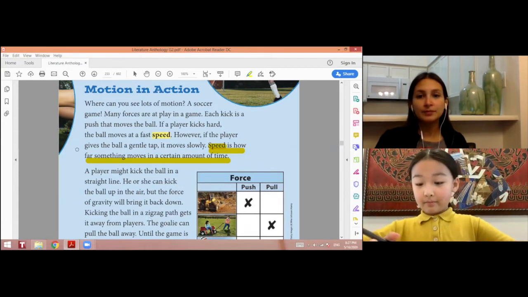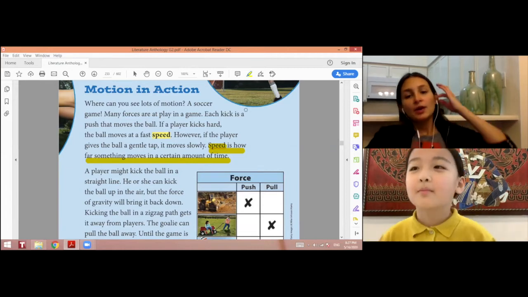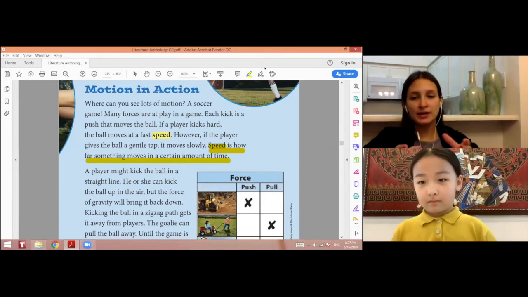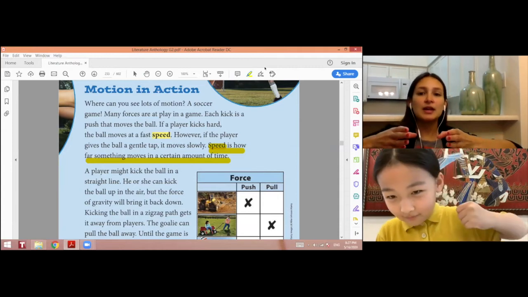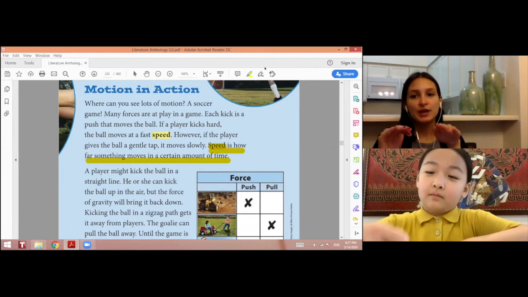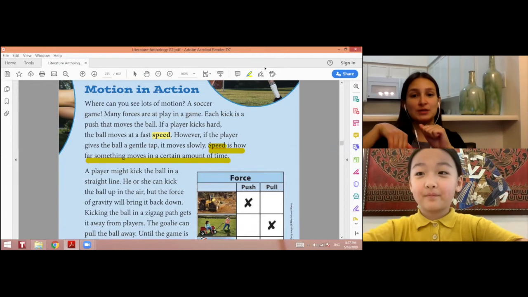Got it? Okay, so let me give you an example. So let's say that there's a turtle, right? Actually, there's two turtles, and they're both in a start line, and you're going to see which turtle is faster.